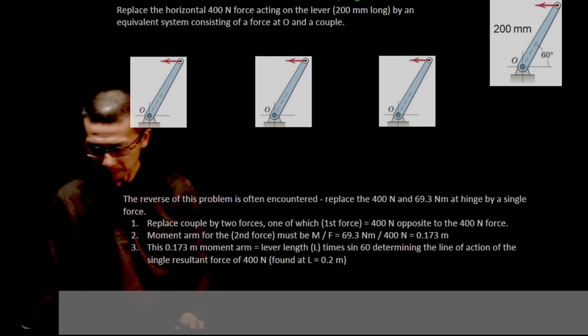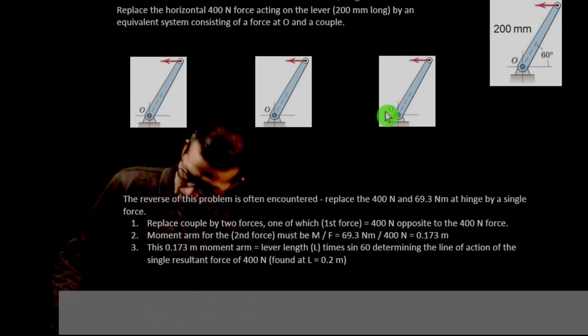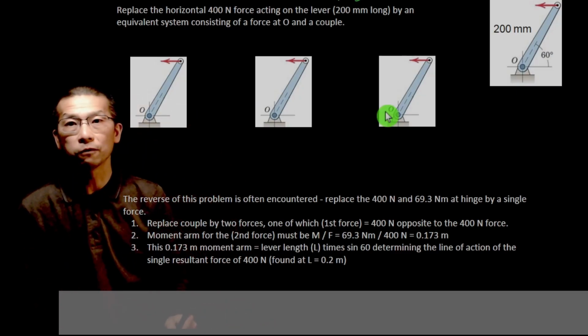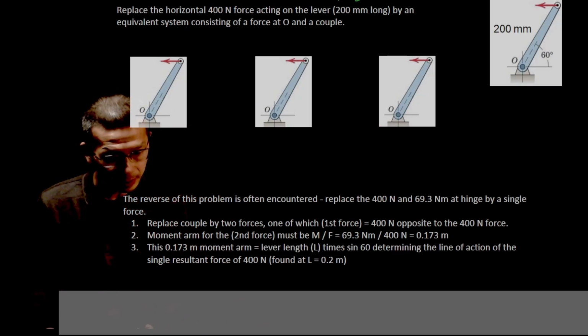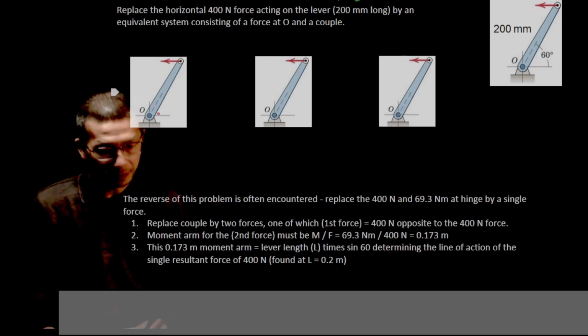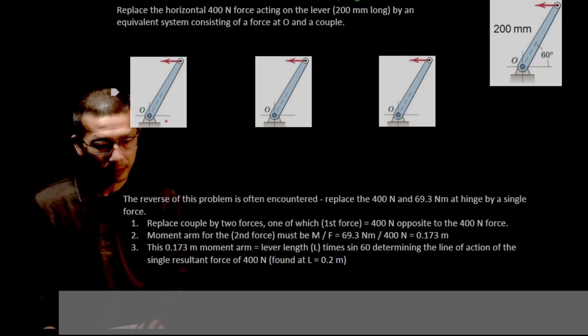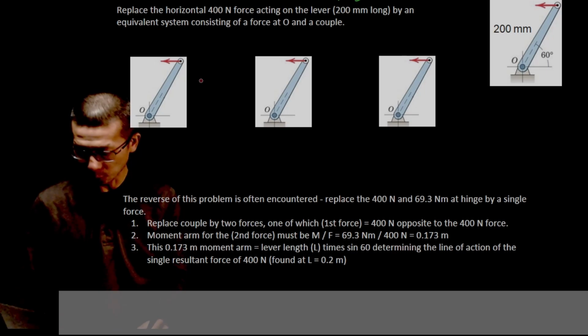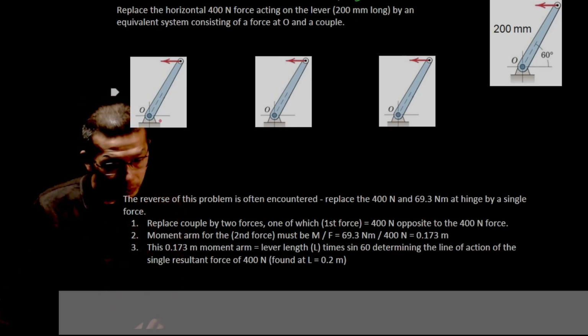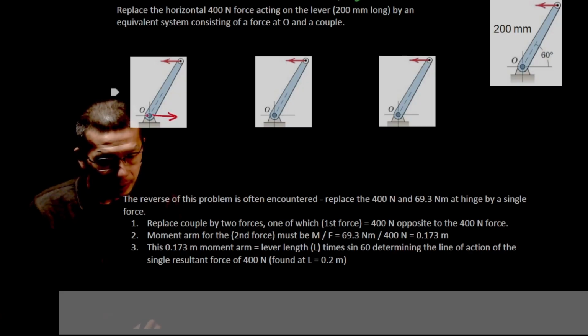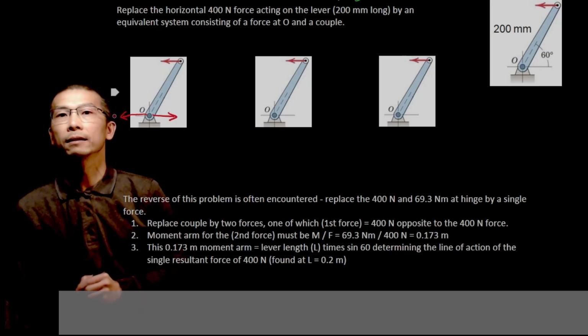Well, first we have one force. Now let's create a few more. First, we want a force acting on point O. So the first one, you can say this point O, and the opposite ones. So we are okay.